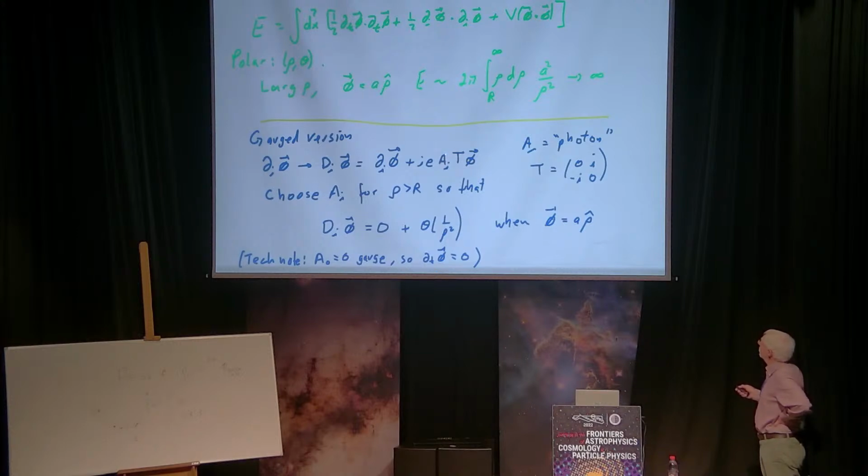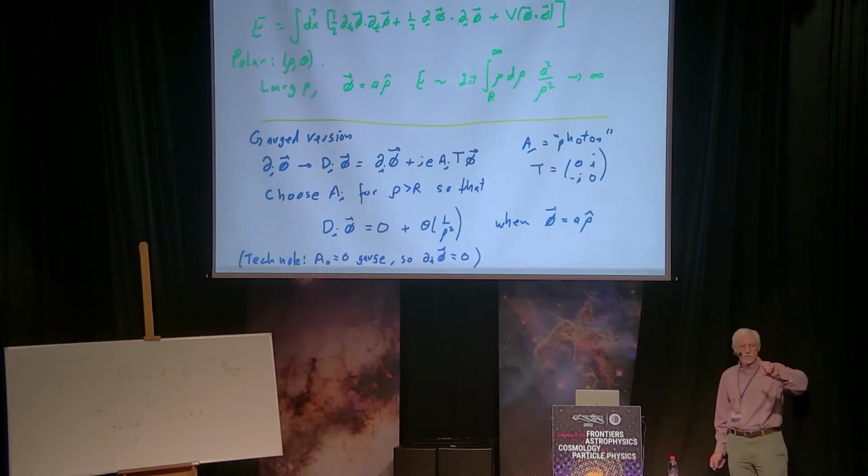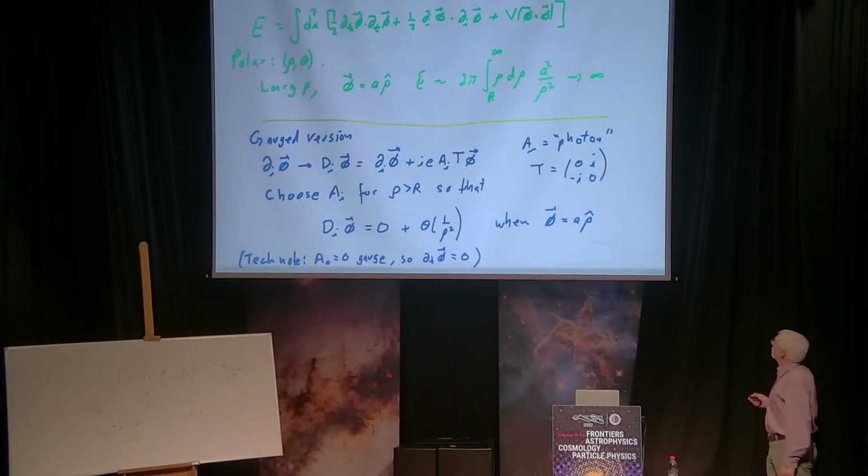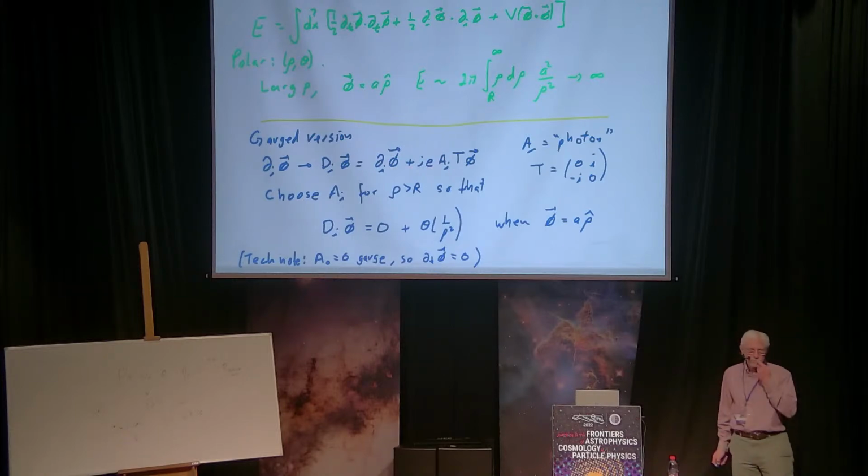The generator T that I have is like a Hermitian matrix that just mixes the 2 components of this 2-component internal space vector. So now what happens is, because you have these 2 terms, this 1 over rho d theta phi can be cancelled by choosing this gauge field carefully.